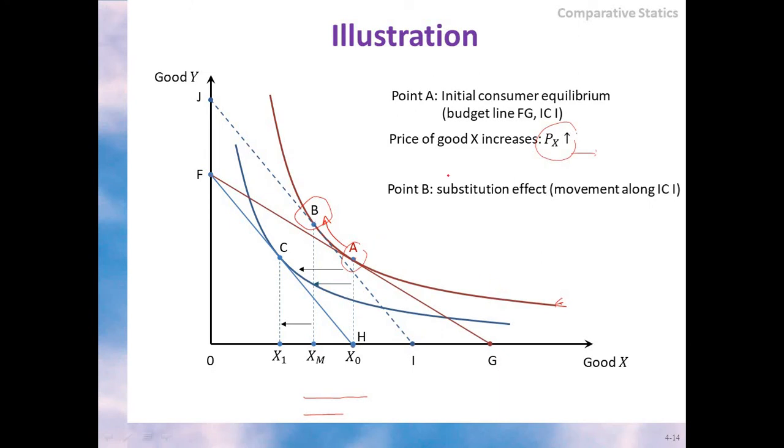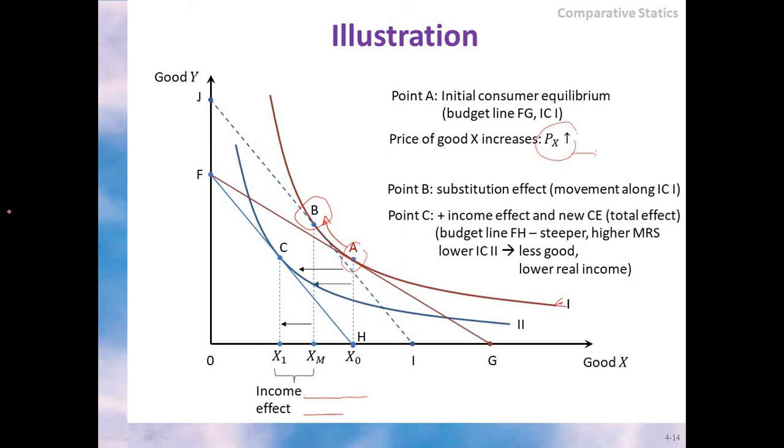But what happens is the consumer will actually move from A to C. You see C is on the new budget line FH, and of course this is on a different indifference curve 2, which is lower than indifference curve 1.